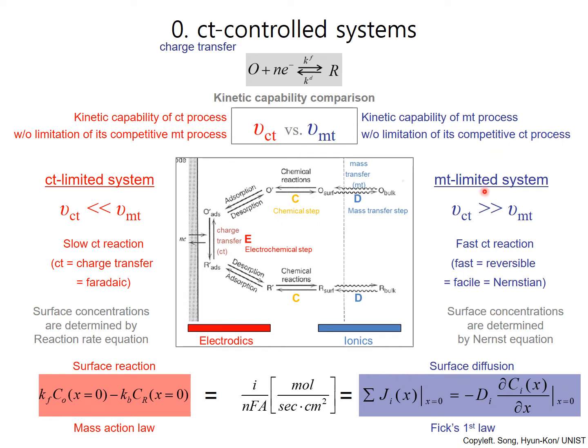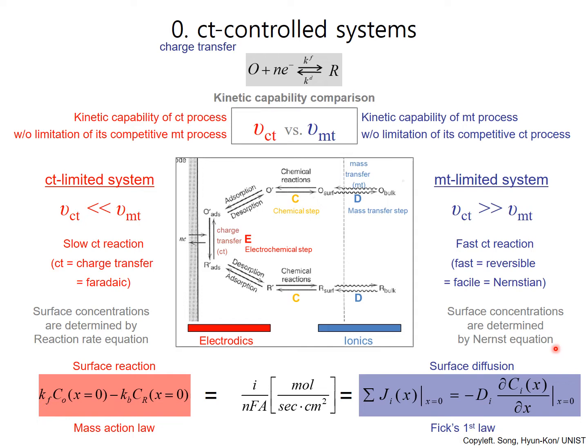Let me think about the mass transfer limited system. You have already learned about that. In this case, charge transfer is much faster than the mass transfer in terms of kinetic capability. Therefore, you have fast charge transfer reactions. I'd like to emphasize the meaning of fast, which is equal to reversible, or facile, moreover Nernstian, because surface concentrations are determined by the Nernst equation.